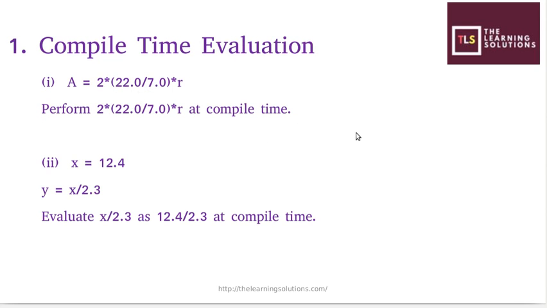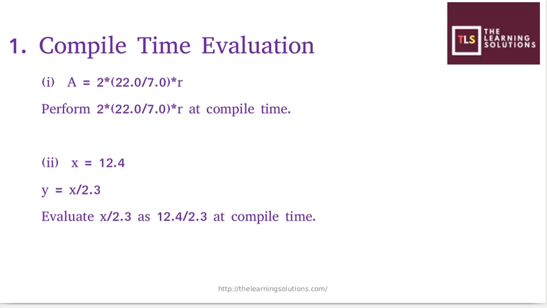Let us start with compile time evaluation. The name of the technique itself explains it. Compile time evaluation means certain decisions are taken at compile time only. That means the expression we need to evaluate and the result to be computed will be used directly while running the code.